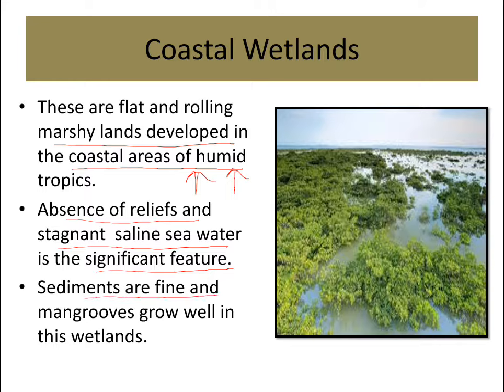Sediments are fine and mangroves grow very well in these wetlands. Though it is saline water, mangroves have the adaptability to grow in it. Mangroves also help in the prevention of floods in this region.